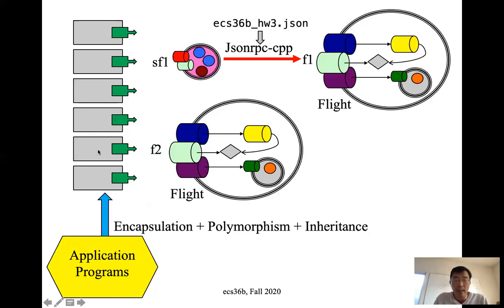And this array is, as we saw before, an array of pointers to the fly object, either the original fly object or the derived fly object. It doesn't matter. The thing about the object-oriented principle is that once I define this array the way I define it, then essentially the application program doesn't need to know whether it's SF1 or F2. It doesn't need to know whether it's a shadow or not a shadow.